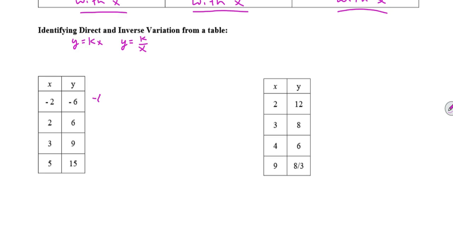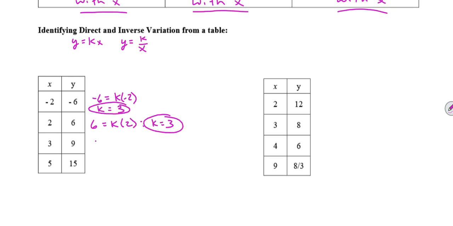So you could say -6 equals k times -2. So if we solve for that, right, we get k equals 3. 6 equals k times 2. So again, this would be k equals 3. So these are the same.